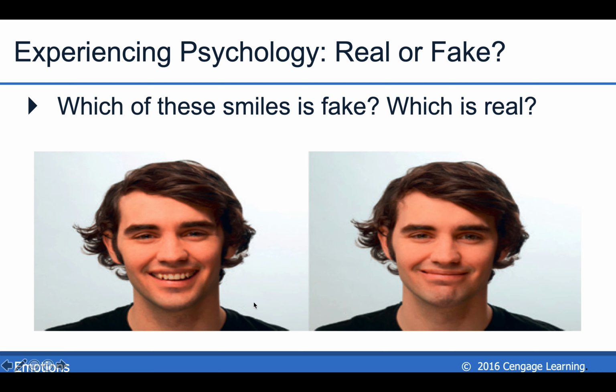The way you can tell the difference is not just that his teeth are showing more here, but here you get a lot more eye engagement. The muscles around your eyes when you smile, I think they're the zygoorbital muscles, become engaged, and your cheeks raise up, and you see these eye muscles engaged more. That's how you can tell if it's a genuine smile versus someone who's smiling essentially just to put on a front.